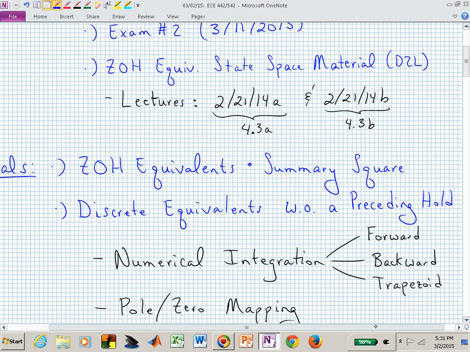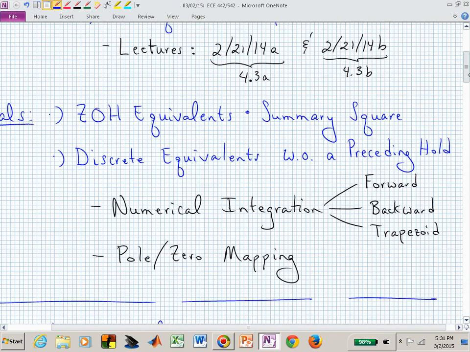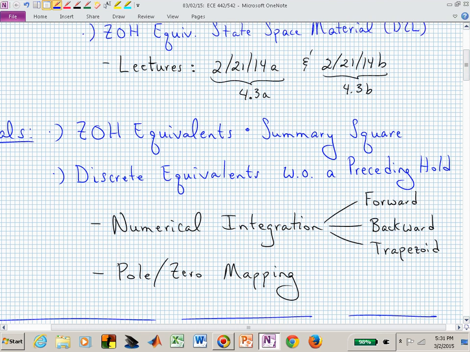The goals that we want to address today are, 1, to summarize what those previous 2 lectures contain in another square. We'll have another square with different arrows going around. That's our summary square of the zero order hold equivalent technique.